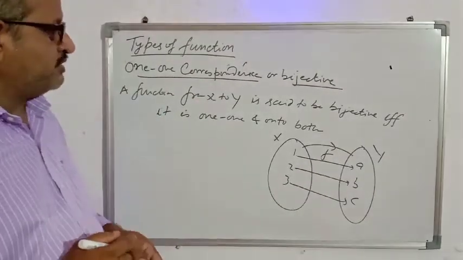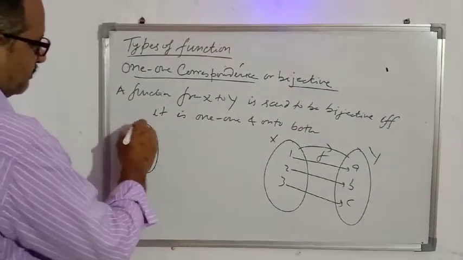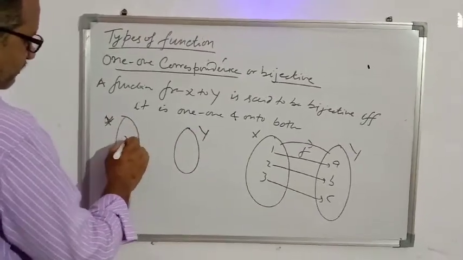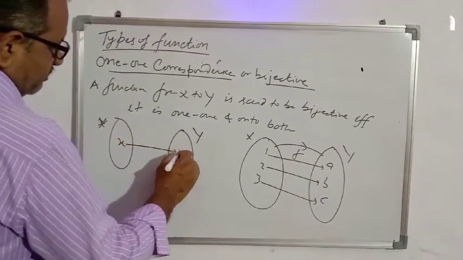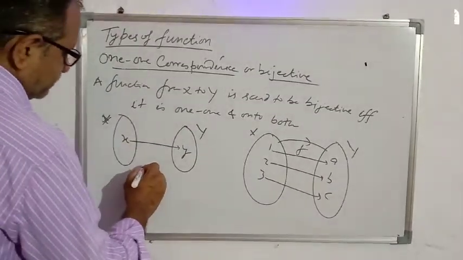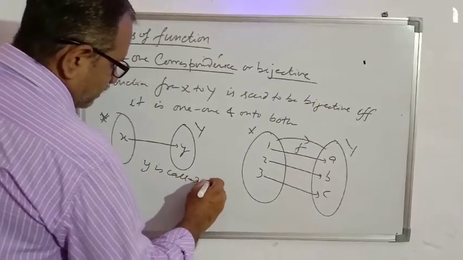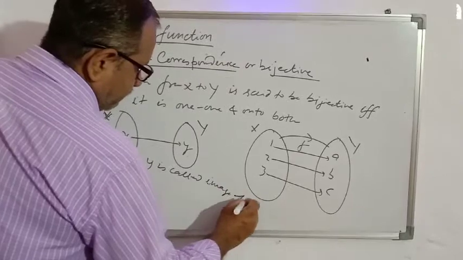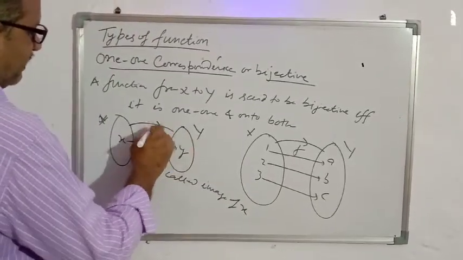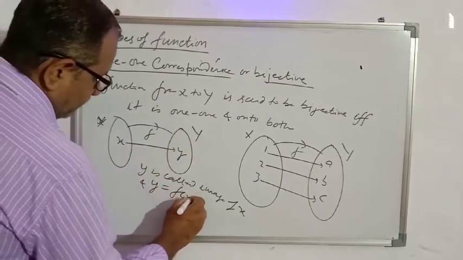So these are the types of function. Suppose this is the set X, this is set Y, and one element x is related to y. Then y is called image of x. And function is defined f like this. And we can write y is equal to f(x).